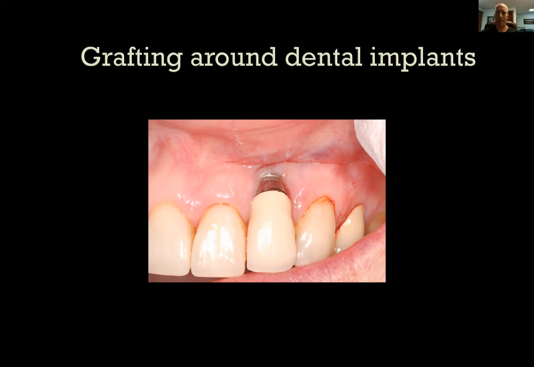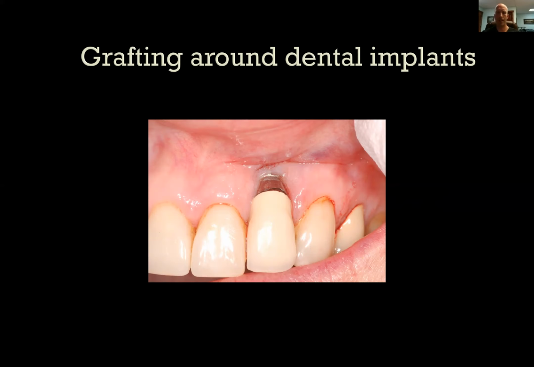I imagine that when this implant was placed, it was lined up fairly well with the adjacent teeth. This implant has been in place for about 25 years. And over the years, the adjacent teeth have moved in an occlusal direction, which we know they do, and the implant did not.